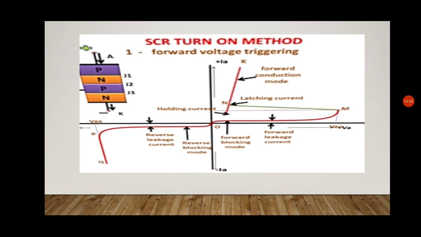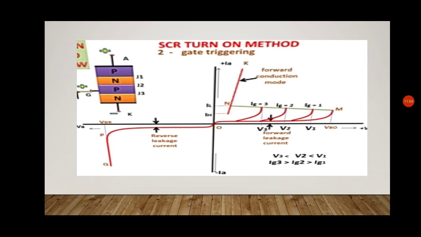This is one of the methods of turning on the SCR, as we have already discussed. The second method, which is the widely used method, is the gate triggering method.